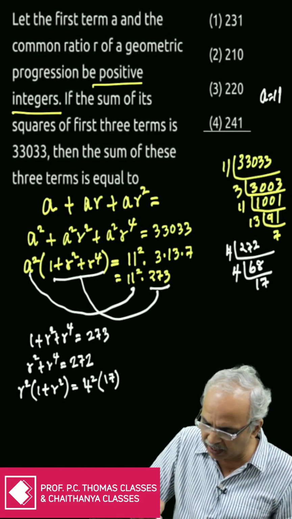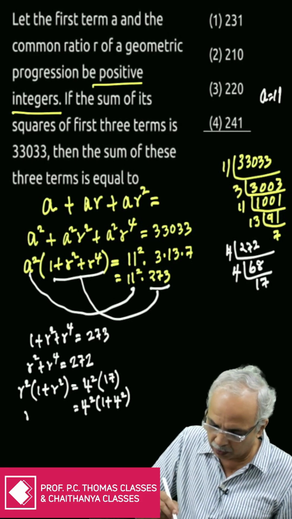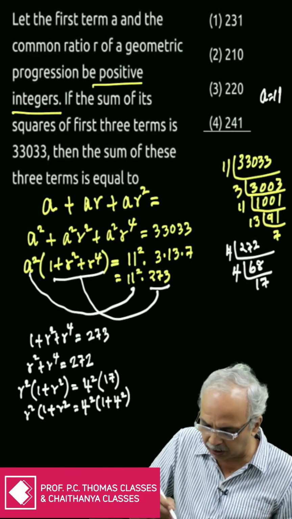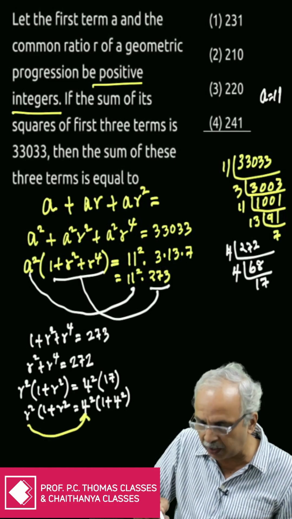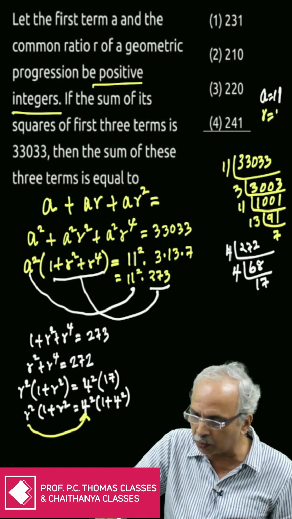And 17 can be written as 1 plus 4 square. So it is R square into 1 plus R square, which is nothing but R square should be 4 square, right? Therefore, R is equal to 4.